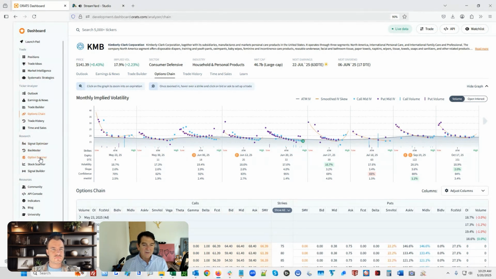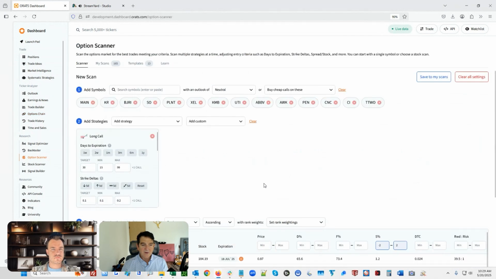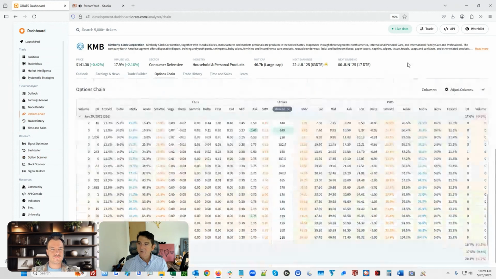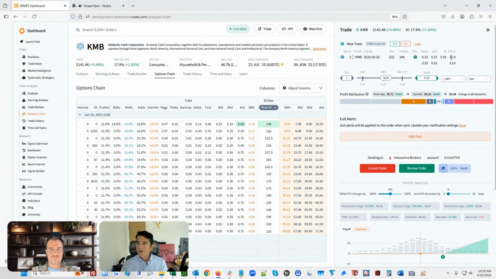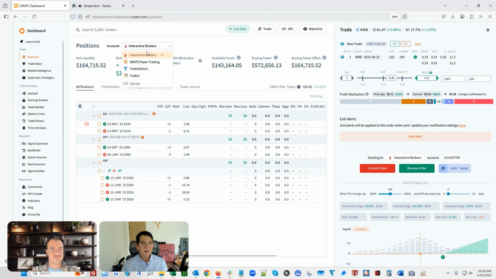We could go back to the option scanner, or actually go to the option chain, see what our trade is. I'm pretty happy with this. We probably have to give them a couple of cents. This is Interactive Brokers, so I'm going to switch my positions to the paper trading.